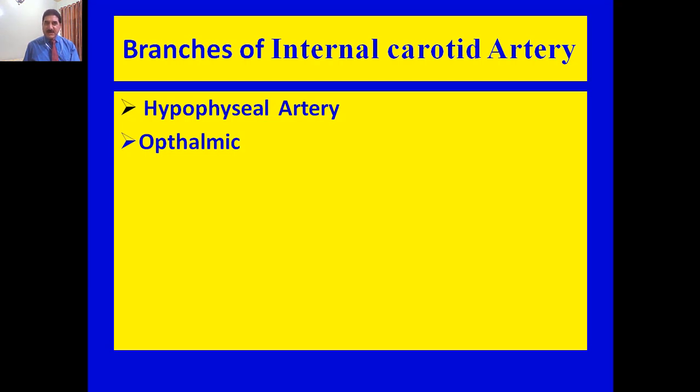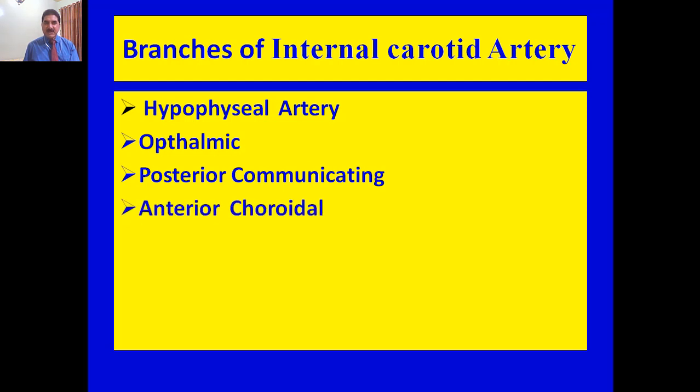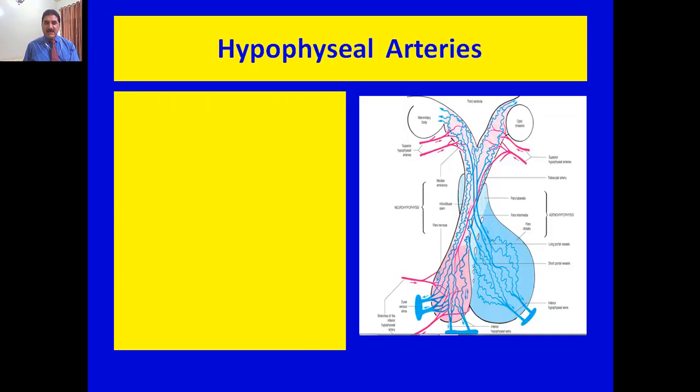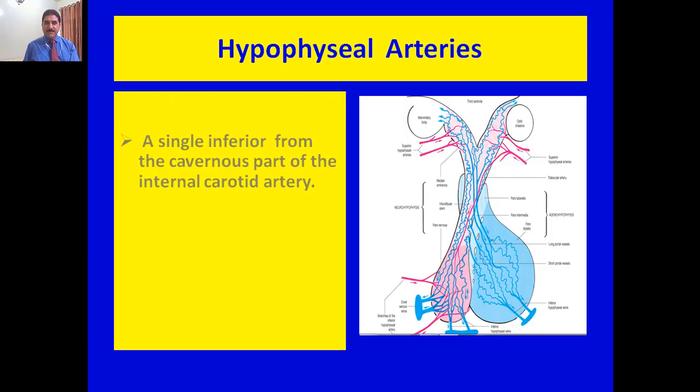The branches of internal carotid are hypophyseal artery, which supplies the pituitary gland, ophthalmic artery, which supplies eyes and paranasal sinuses, posterior communicating artery, which connects the internal carotid artery with the posterior cerebral artery. Anterior choroidal artery is an important branch. Then terminal branches are middle cerebral artery and anterior cerebral artery.